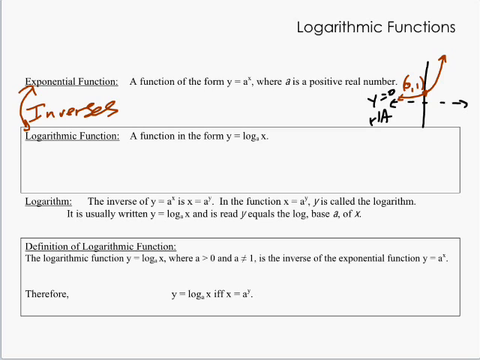A function and its inverse are symmetrical with respect to each other about the line y equals x.